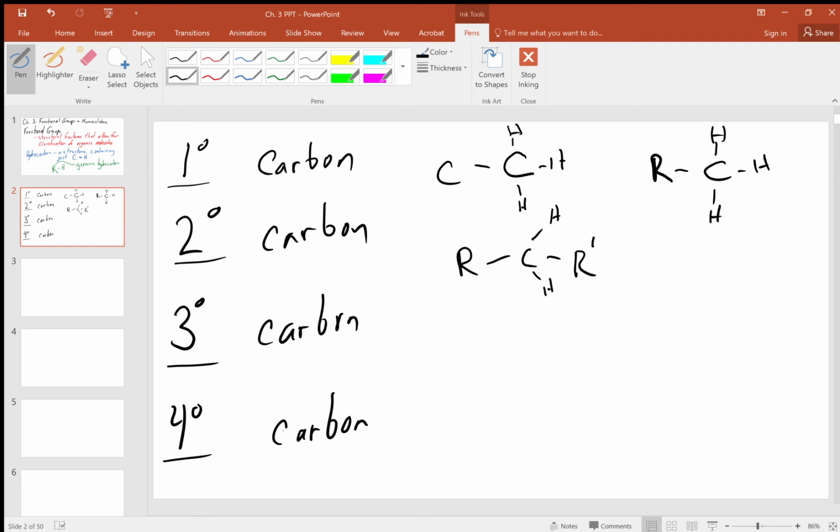Why is that? Well, that just means that that R group doesn't have to be the same as the other R group. They can be two different hydrocarbons. They can be the same, but by saying R and R prime, this way we know that they can be different. Tertiary is bonded to 3 carbons, and a quaternary is logically then bonded to 4 carbons.